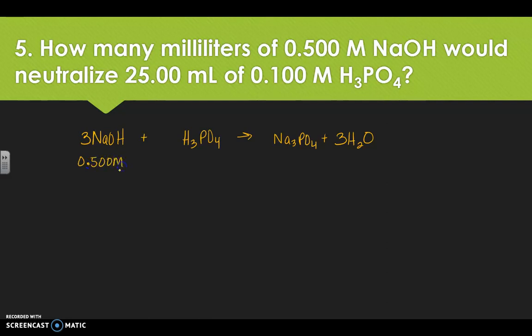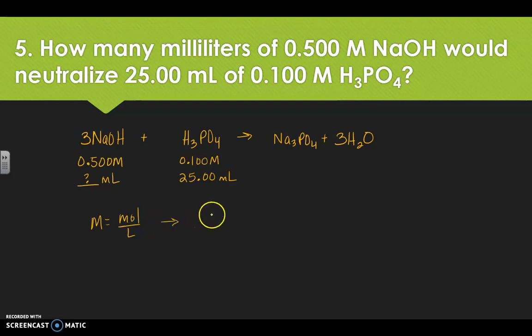All right, so we've got a 0.500 molar solution of this. We're going to use that. It says how many milliliters do we use? And we're going to use that to neutralize a 0.100 molar solution, which we're going to use 25 milliliters of. Okay, same steps as before. Molarity is equal to moles over liters.